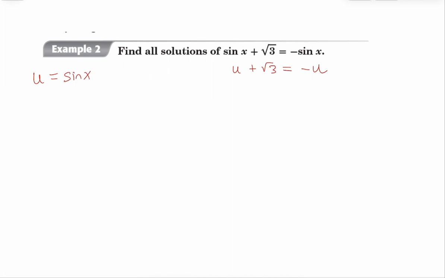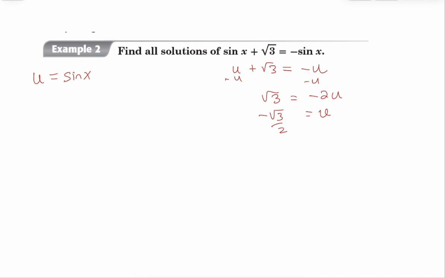Now, just solve it. Let's get the u's to one side, the numbers to the other side. Let's subtract a u from both sides. Divide by -2. Once you have solved it and it says u equals, now it's time to put the trig back in.